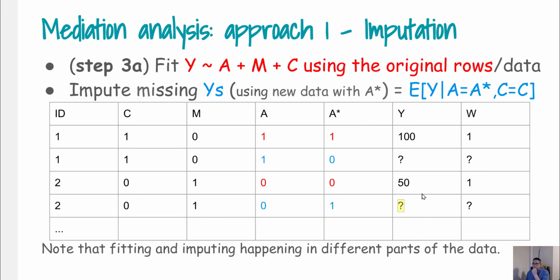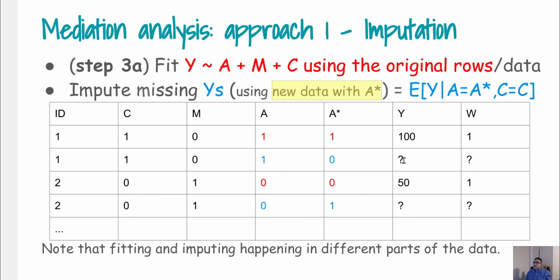One thing that is very important to understand is that we are fitting our model in the original data and we are imputing our data into the new data. What is the new data? Whatever was associated with these blue numbers or the rows with question marks in the Y. So those are the new data.